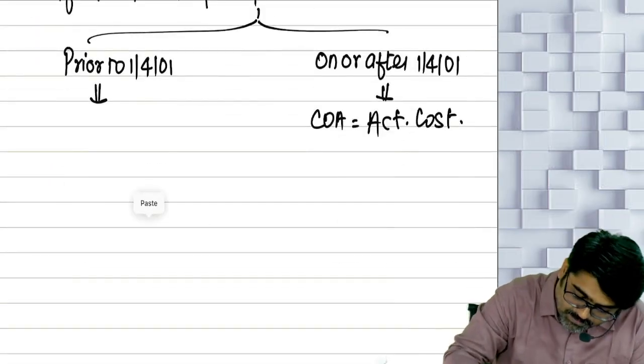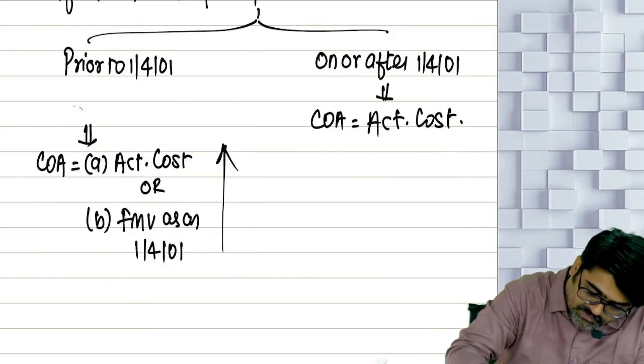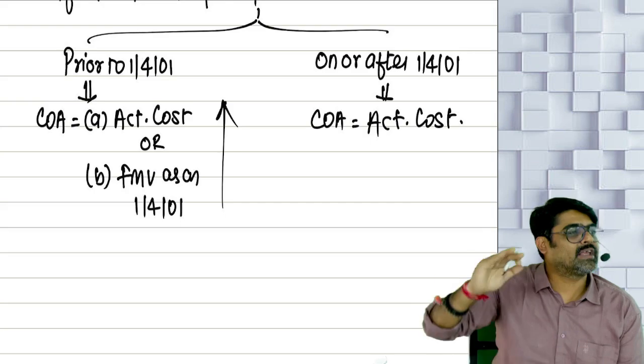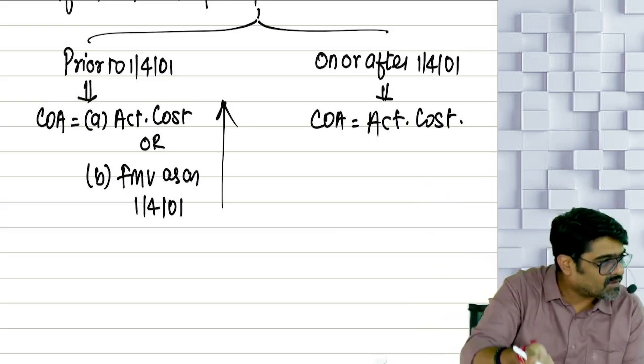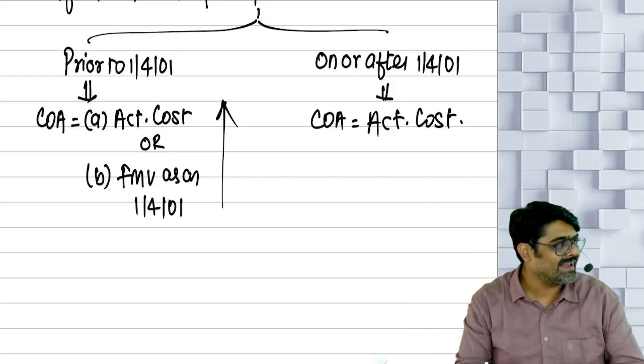So for immovable property also, we are giving you an option. Option to take what? Fair market value. So this option is given for all the assets, so it will be given for immovable property also. Then why are you writing separately, sir?